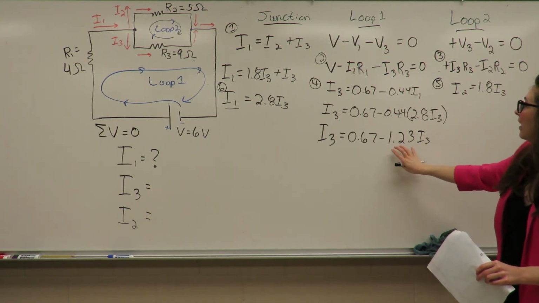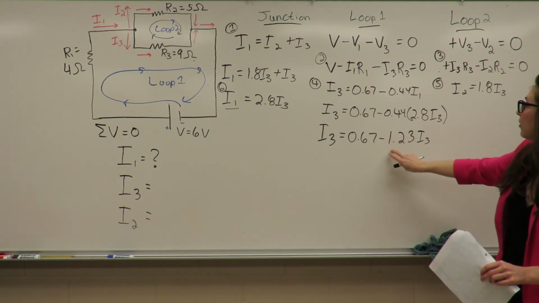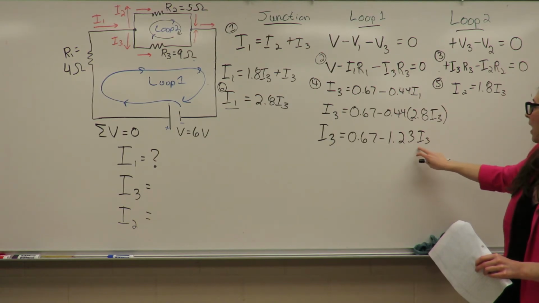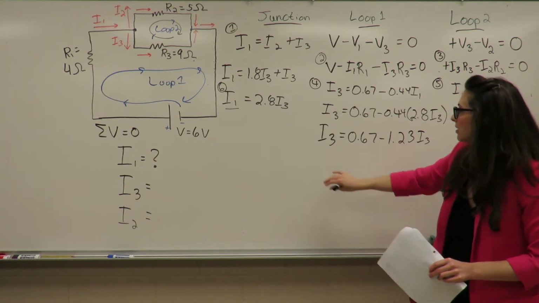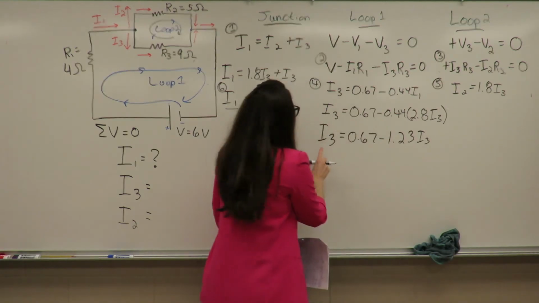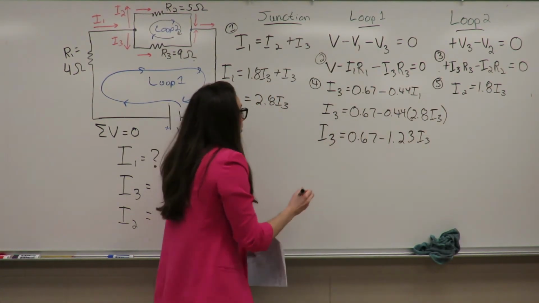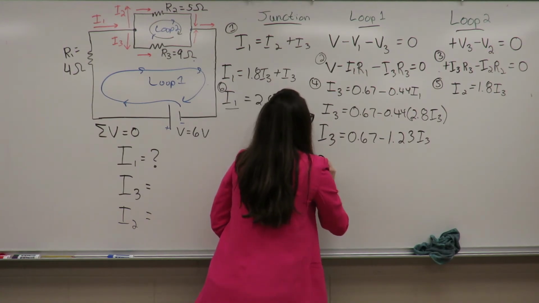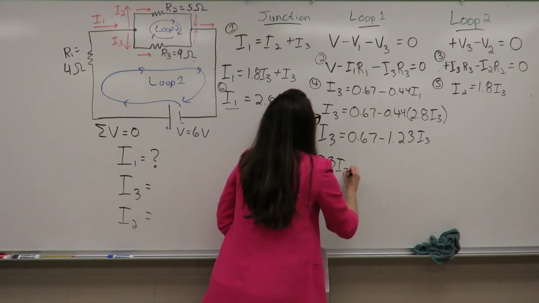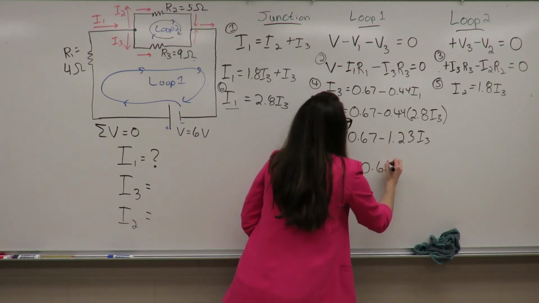Now if I add negative 1.23 I3 to the other side, I will have I3 plus 1.23 I3, which gives us 2.23 I3 is equal to 0.67.